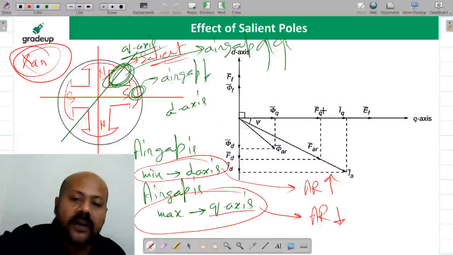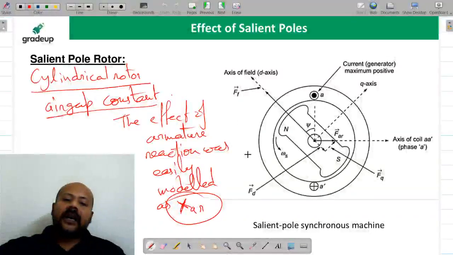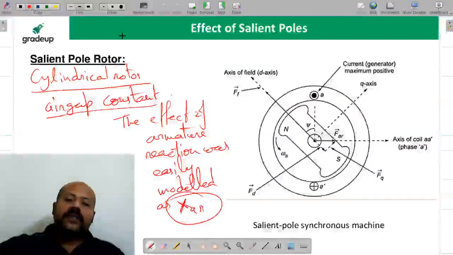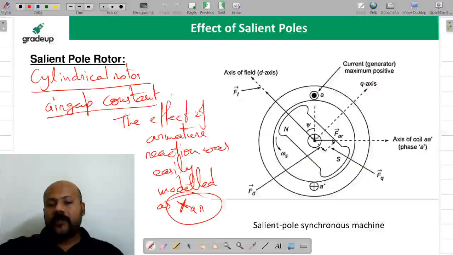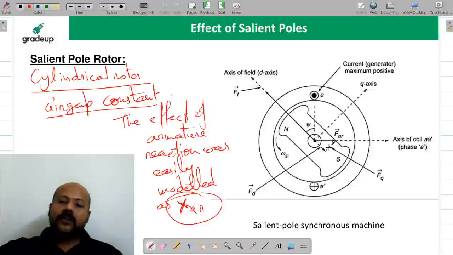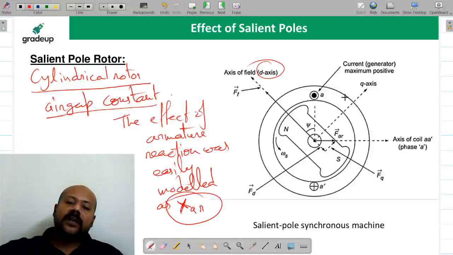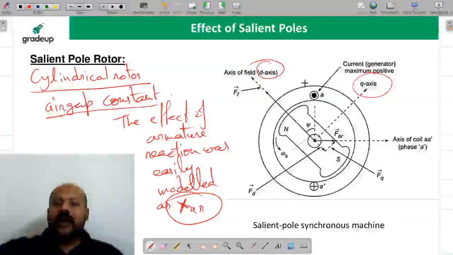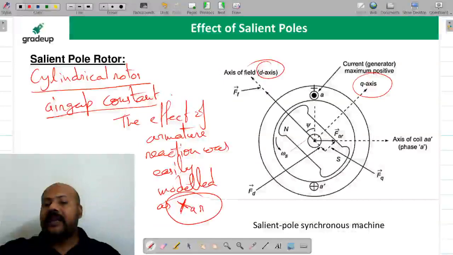Now I am coming back to the original diagram, and please try to understand here. In this diagram, this is a salient pole and there are two poles. It is a two pole rotor. This axis along the rotor we call the D axis, and this axis which is 90 degrees to the D axis, we call the Q axis, and we have used only one phase coil, that is AA dash.